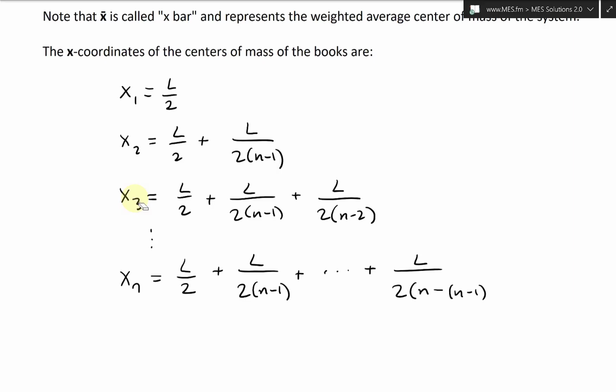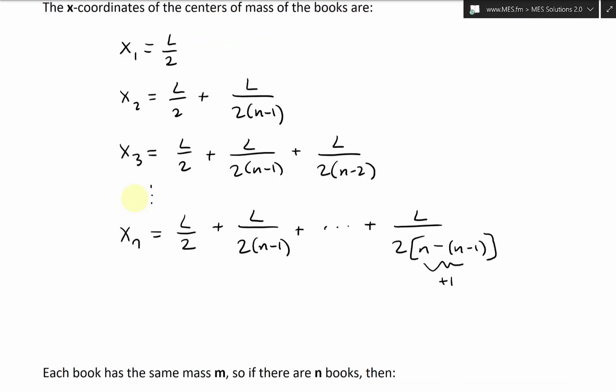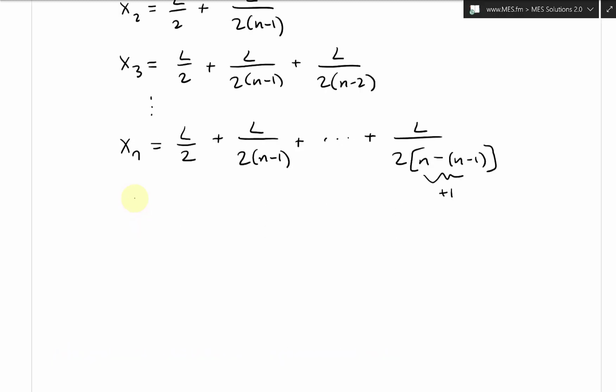Let's put a bracket around n like this. And this just equals, well, n minus n cancels, and there's a negative 1 times a negative, which is plus 1.